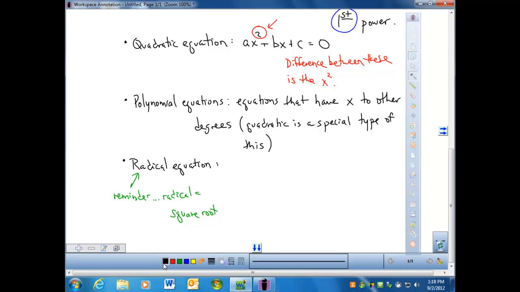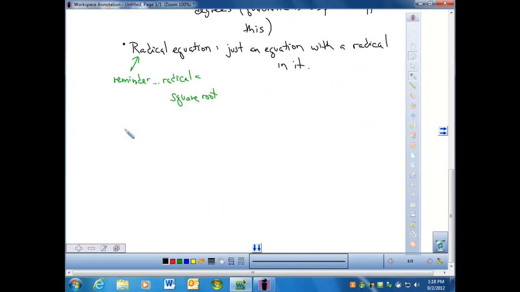Just remember that radicals simply mean that you have a square root in the problem. You have to remember that anytime you introduce the radical into a problem, you're going to have both a positive and a negative solution to that. We'll look at this idea again a little bit later as I look at some of the example problems for you to solve. Just something to keep in mind.